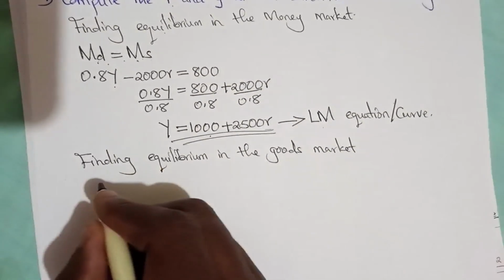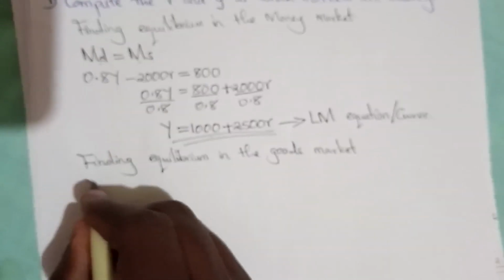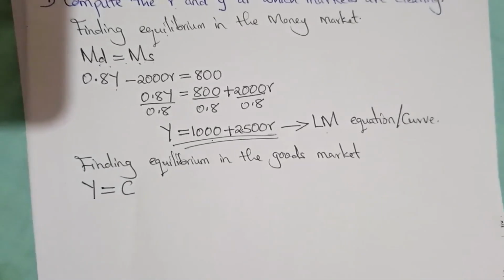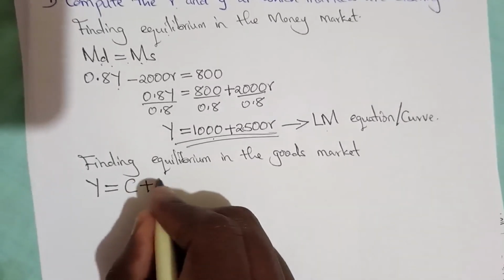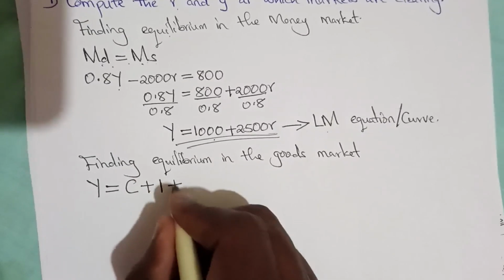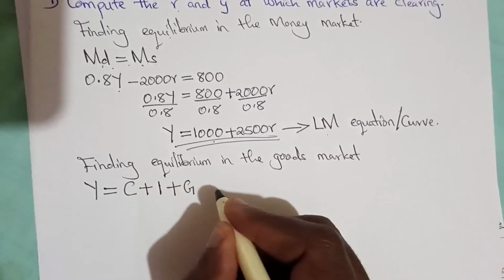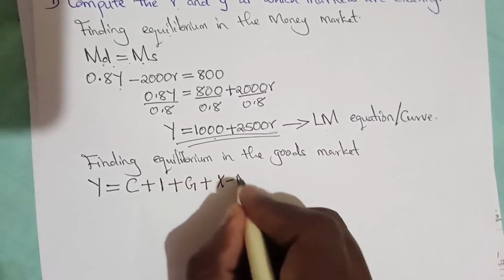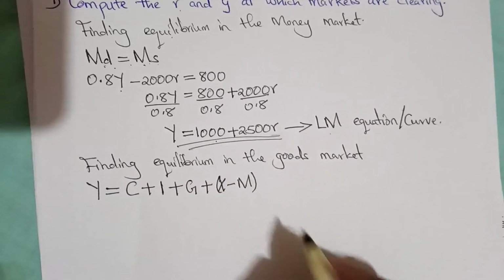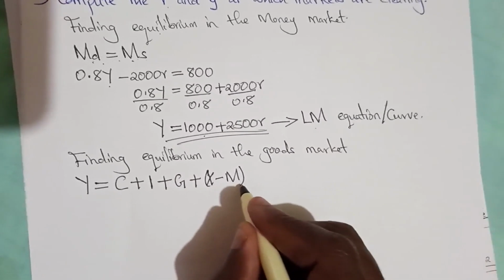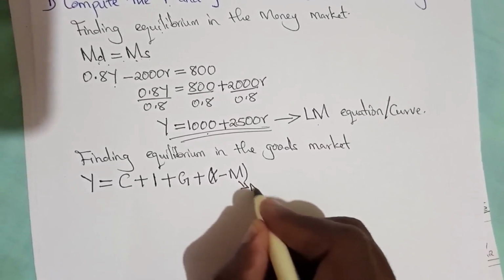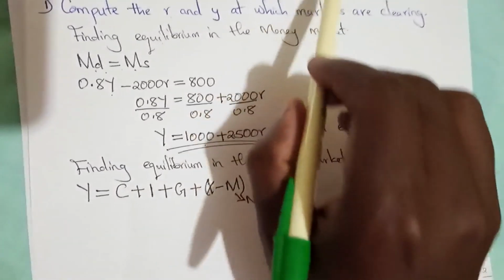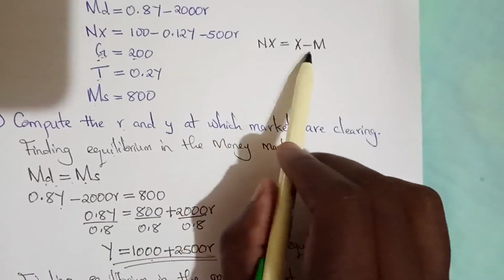You know the income formula is given by Y is equal to consumption, you add investment, you add government expenditure, you add net export. Guys, this X minus M is the same as net export, as we had said earlier here.